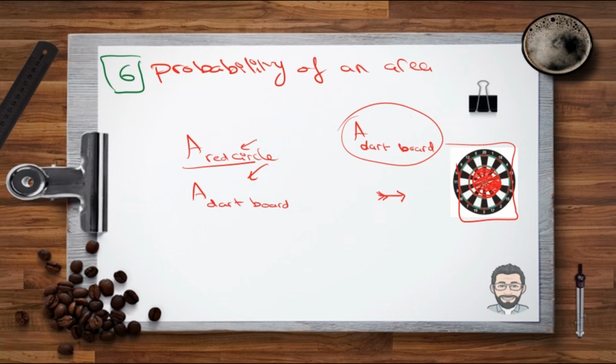Okay, for example, if I have the red circle, its radius is 7 centimeters, and the radius of the whole one is 10 centimeters. What are you going to do?